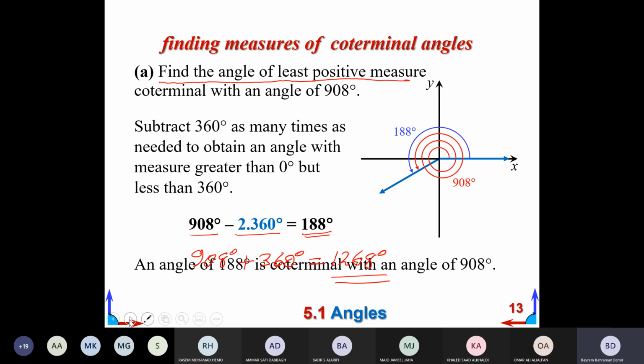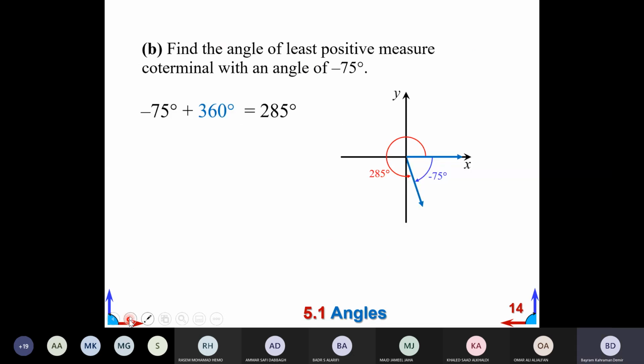Let's see if we have one more. In this case, for example, we have negative 75 degrees. If you add 360, you will get positive 285. So positive 285 and negative 75 are coterminal.